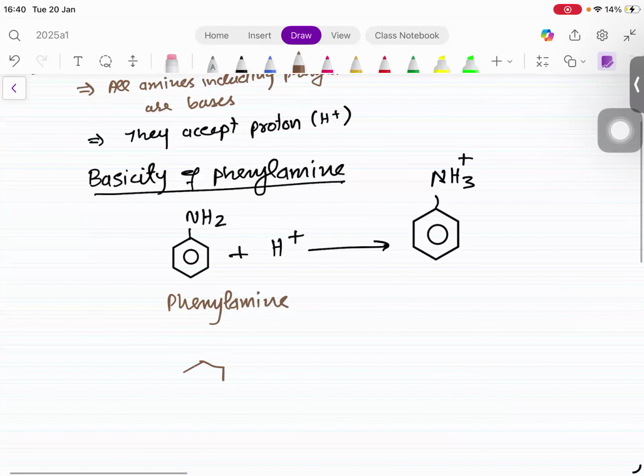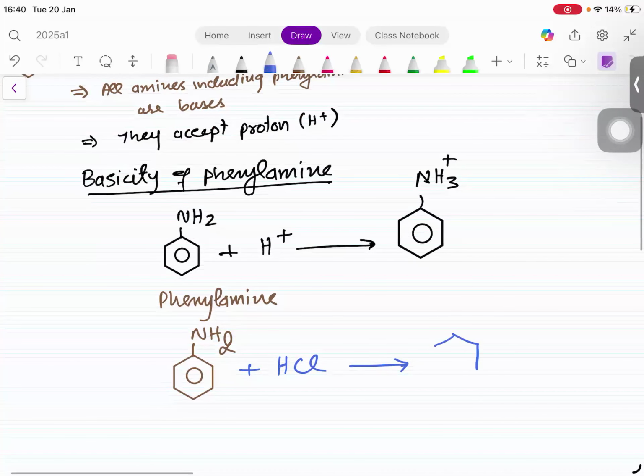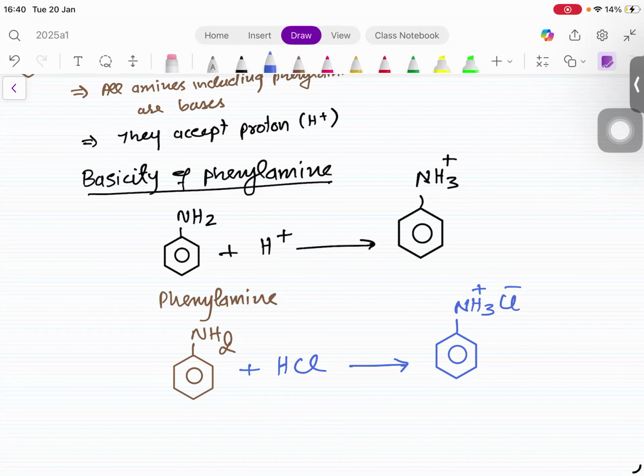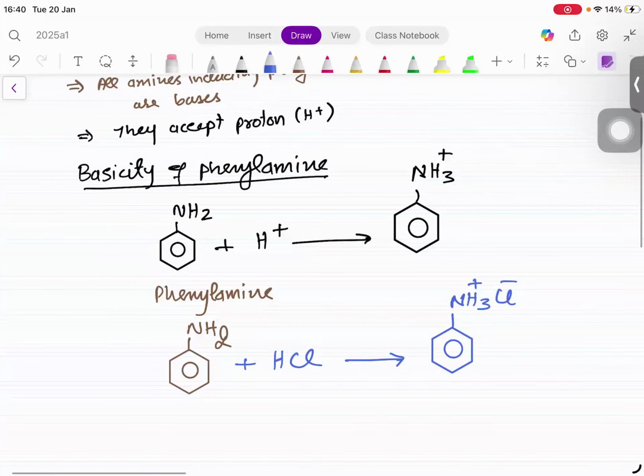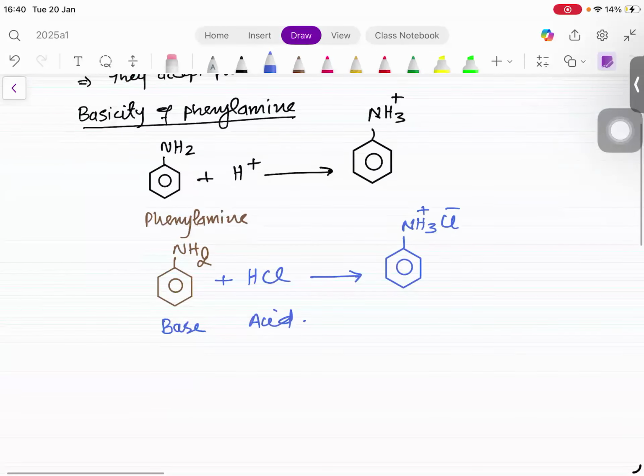Similarly, if this is phenylamine, it reacts with HCl and forms NH3 positive, Cl negative. So I just wrote the complete reaction in which a base, phenylamine, reacts with an acid. That's how the basicity of phenylamine is.